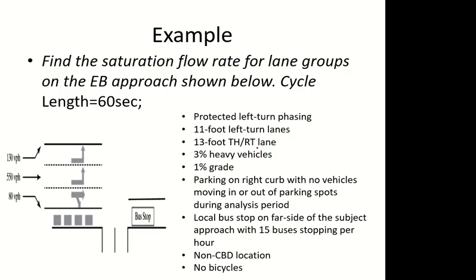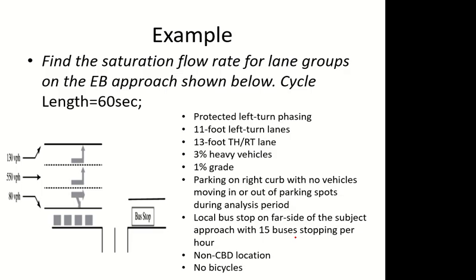For the two left turning lanes, it is 11 feet. For through and right it is 13 feet. Volumes are given: 3% heavy vehicles, 1% gradient. There's parking, you can see the parking area here. There's a local bus stop near the intersection. It's a non-CBD location, and there are no bicycles.